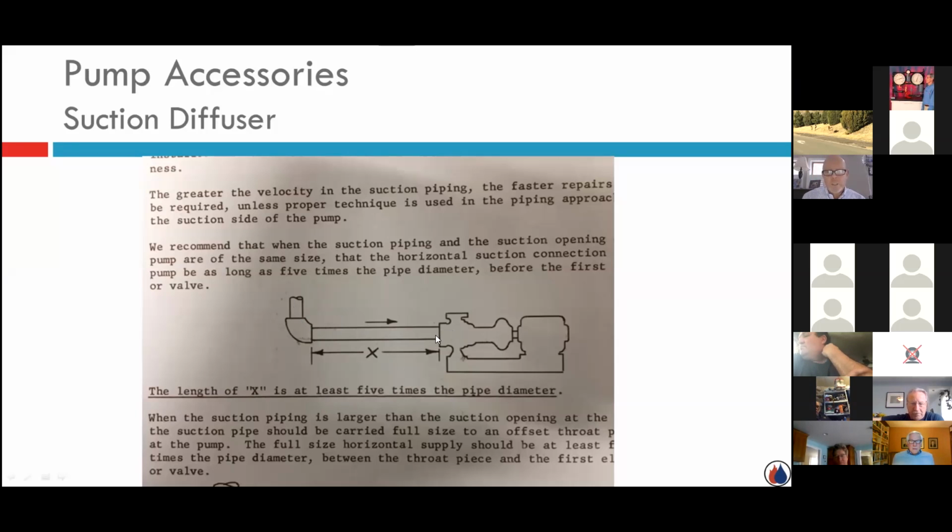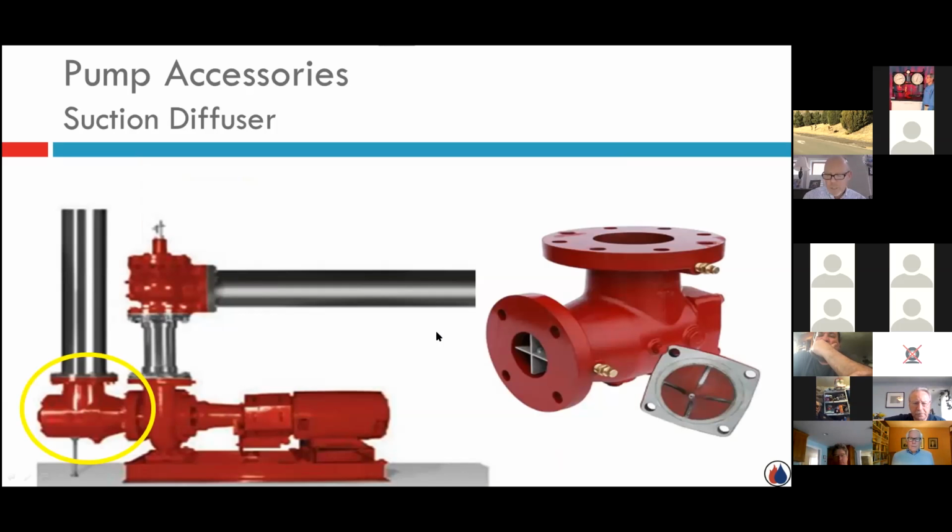So they quickly realized, okay, let's give it a straight run of pipe to even out that uneven velocity so that when it entered the pump, it was evenly loaded. When this device was invented, you can see inside here we have what they refer to as straightening vanes. They take the place of those 5 pipe diameters, with water entering the suction here. The straightening vanes evenly load that water so that when it hits the impeller, the impeller itself is evenly loaded.